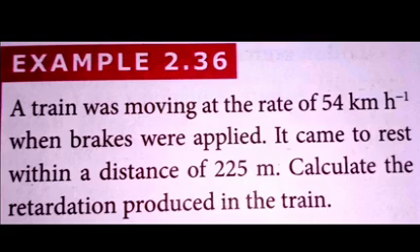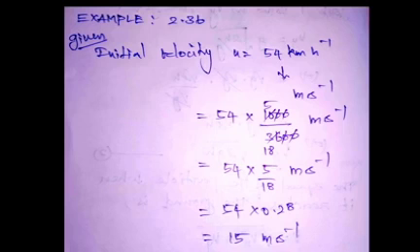So here, what is the data given? The initial velocity is given, that is 54 km per hour. One thing you have to remember, the velocity is measured in meter per second, not in kilometer per hour. So first we have to convert kilometer per hour into meter per second.